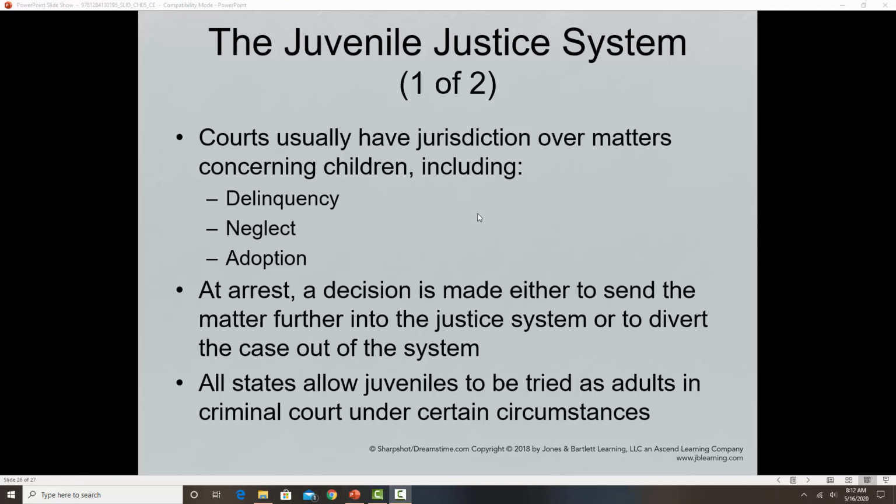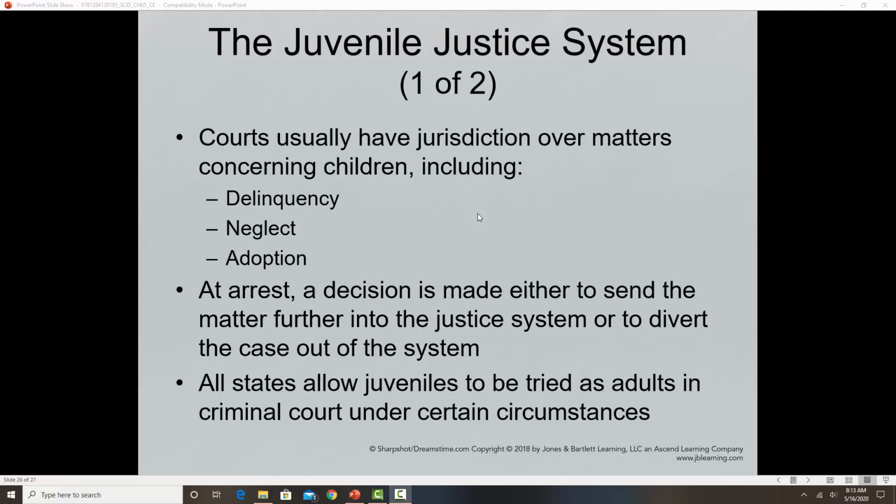Delinquency would be any crime committed by a child under the age of 18, or any status offense under the age of 18. Status offenses only apply to juveniles, like truancy, drinking under the age of 21, smoking under the age of 21, and running away.